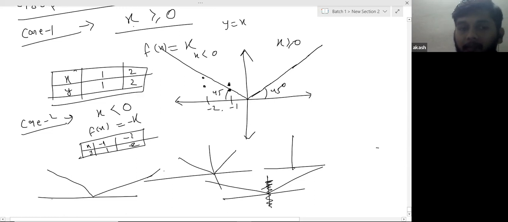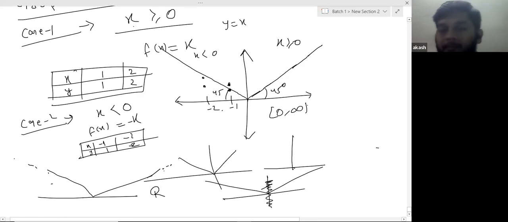So all the x-axis it covers is the domain, and we can see this goes to infinite. This is also going to minus infinite. So the domain is minus infinite to infinite. That means R. And range is the y values it covers. So we can see that the graph is not going below x-axis, but going to infinite in the positive y-axis. So the range is 0 to infinite.